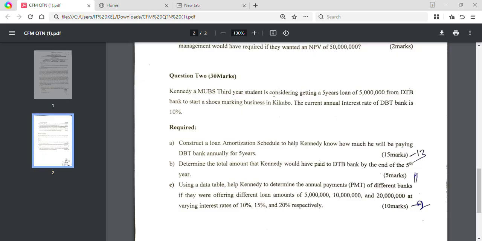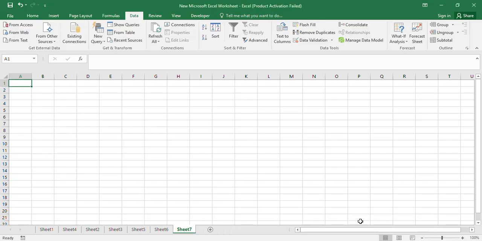So let us not waste time, let us just type into our Excel sheet and summarize Kennedy's information. Kennedy is getting a loan from DTB.